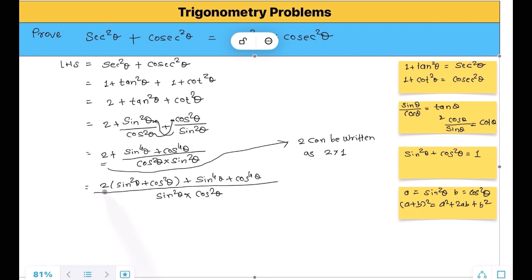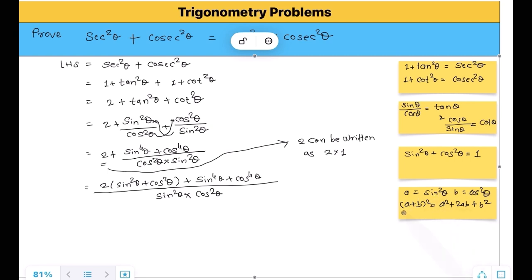If you pay close attention to this, you will get some hint. Let me explain. Let's assume A as sin square theta and B as cos square theta. If we expand A plus B bracket square, we get A square plus 2AB plus B square. We have assumed A is equal to sin square theta and B is equal to cos square theta.